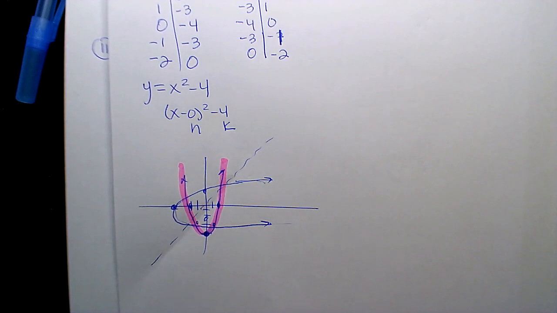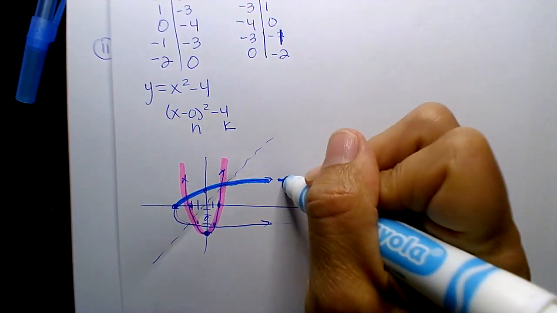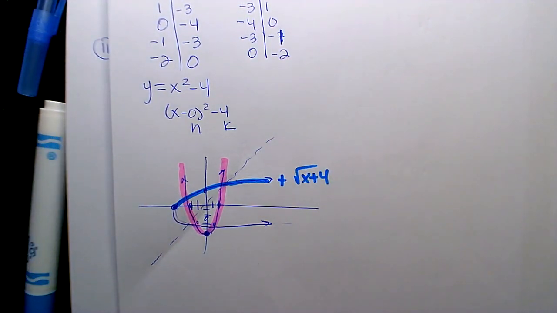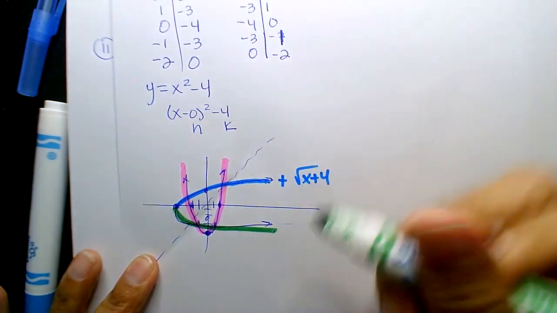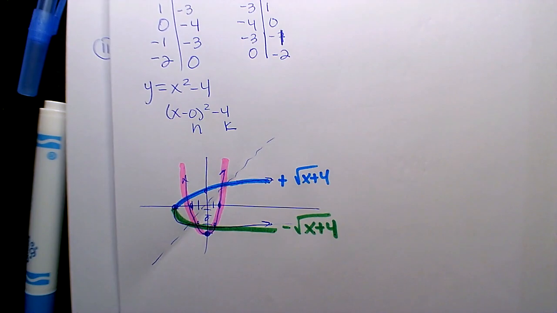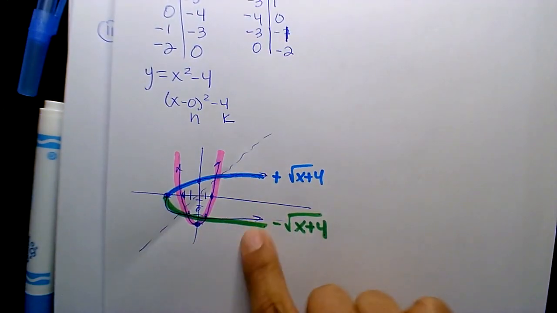But remember, you have to separate it: positive square root of x plus 4, negative square root of x plus 4. I forgot I hadn't done it pretty here. I did it messy here.